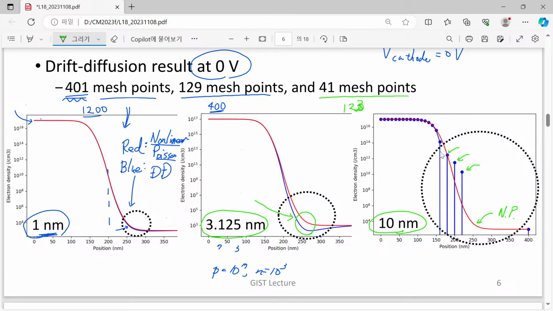Please have a look at this sudden drop here, and sudden drop here, and here we have no points, only having the boundary value.